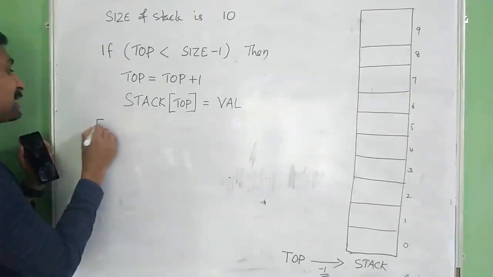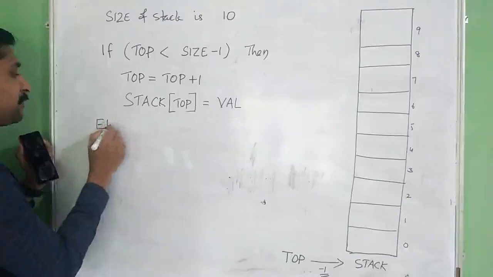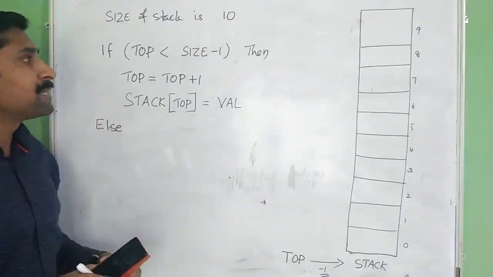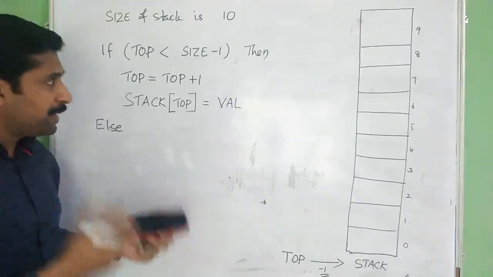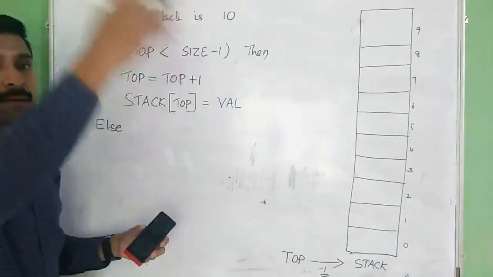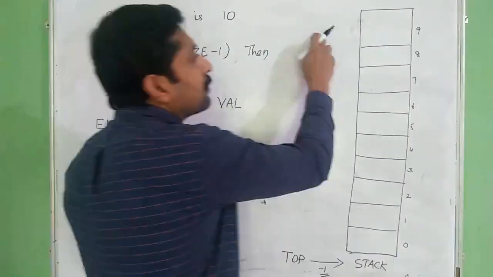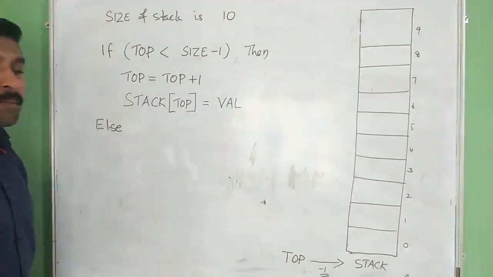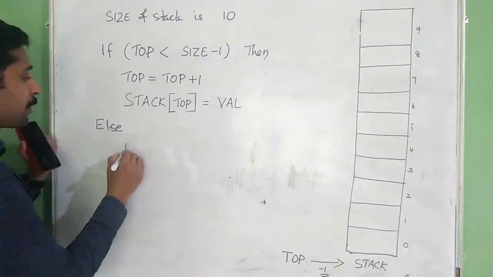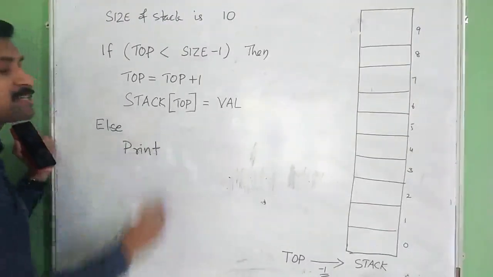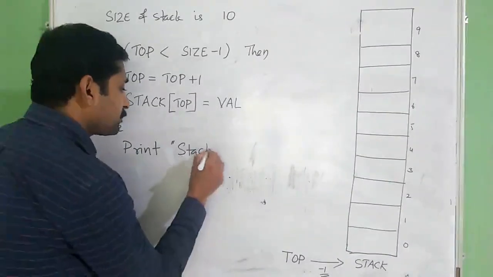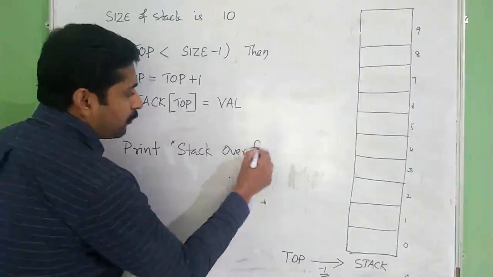Else, if top is not less than size - 1, which means it has already occupied the maximum number of items that can be accommodated by the stack, then we have to print stack overflow.